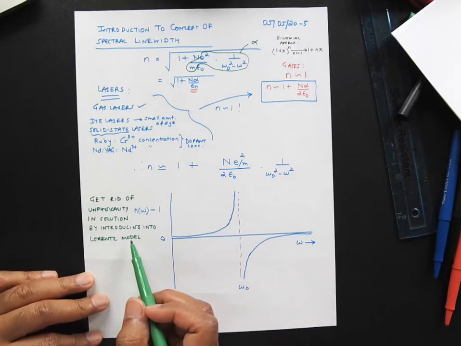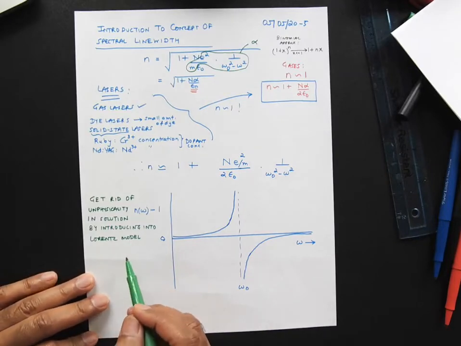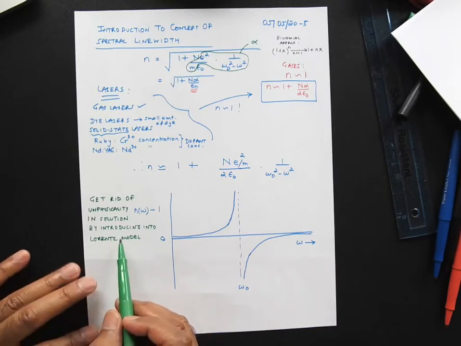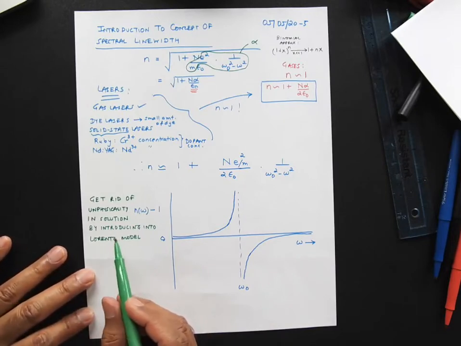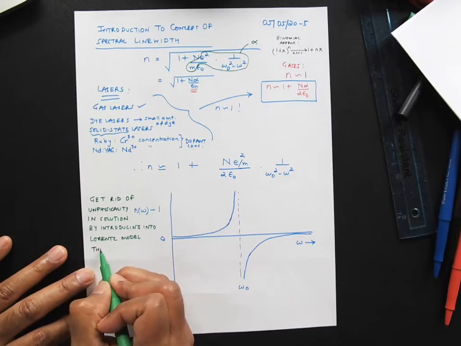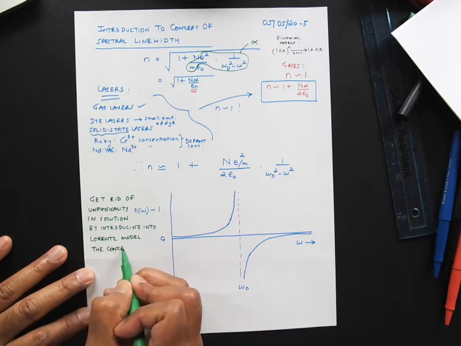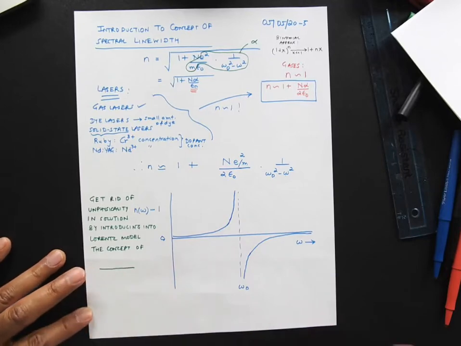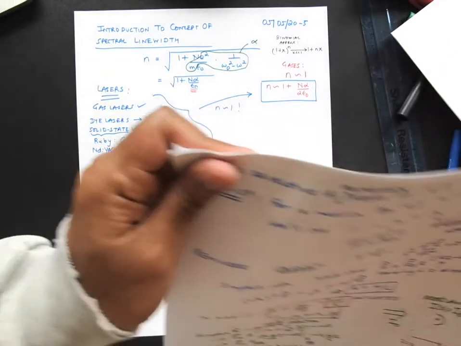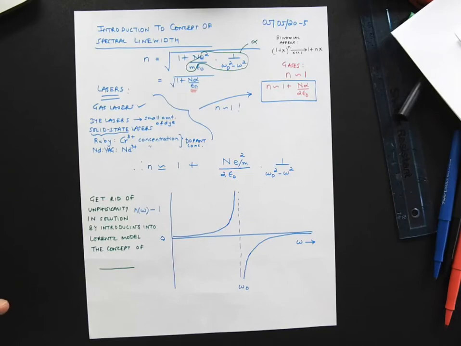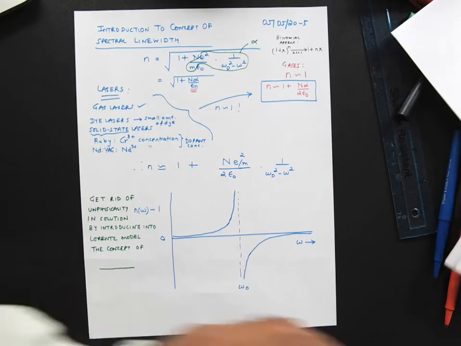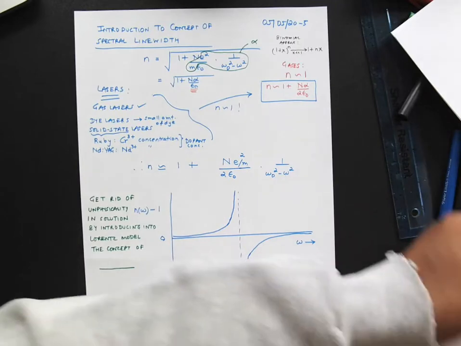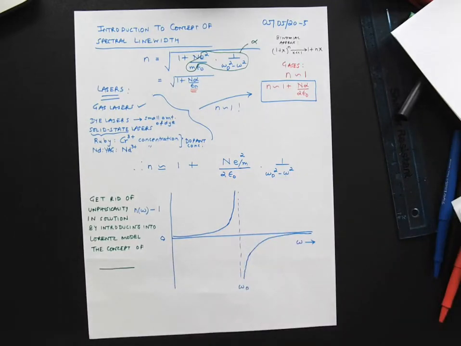Oh, it's 3:46. I'm going to just take like 3-4 minutes more. I want to get rid of the unphysicality in the solution by introducing into the Lorentz model the concept of, and there's one word I'm going to write here, and I just want to bring out the Lorentz model for us to look at, so that it becomes clear what it is that I'm wanting to do.